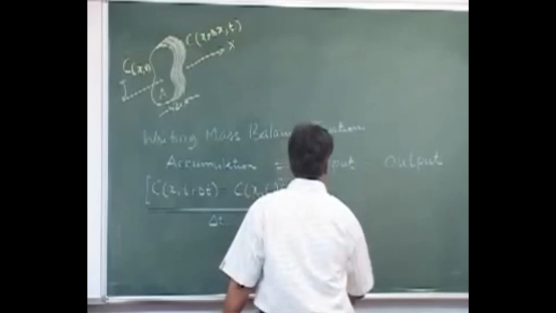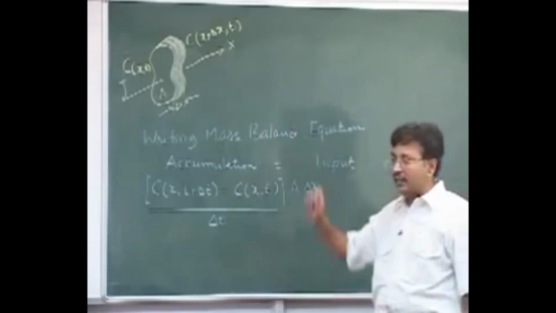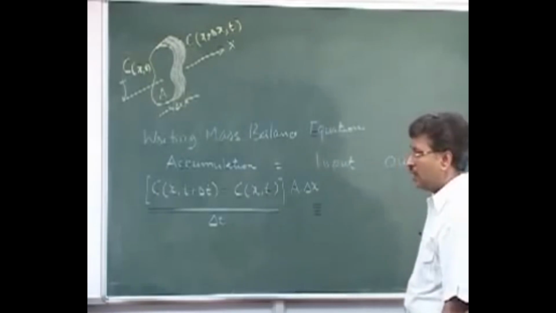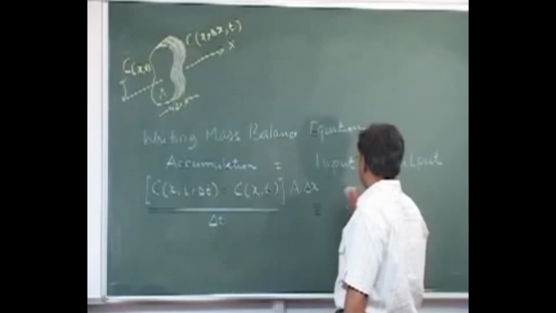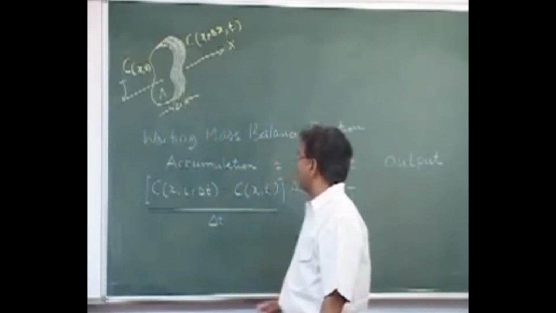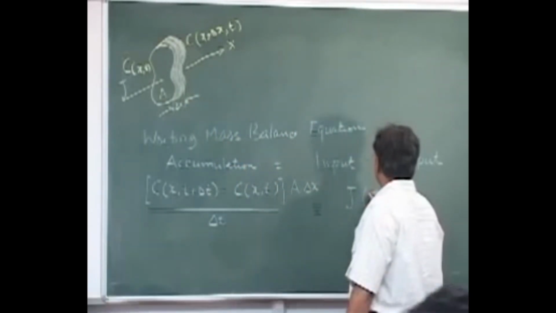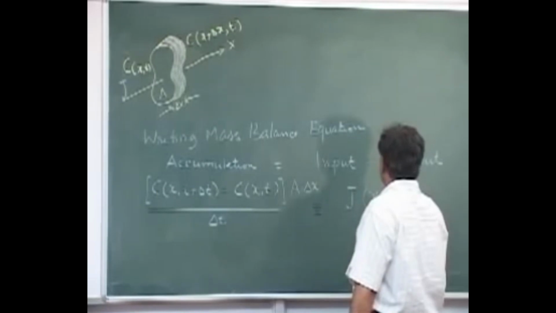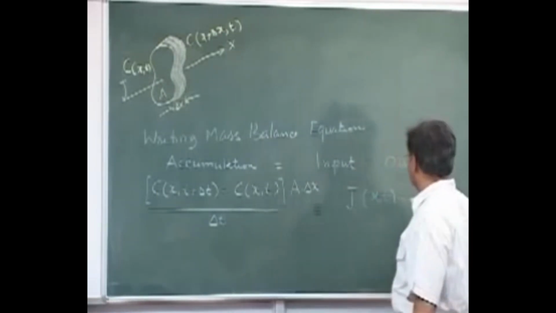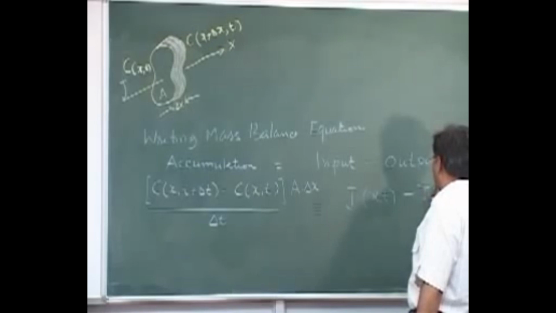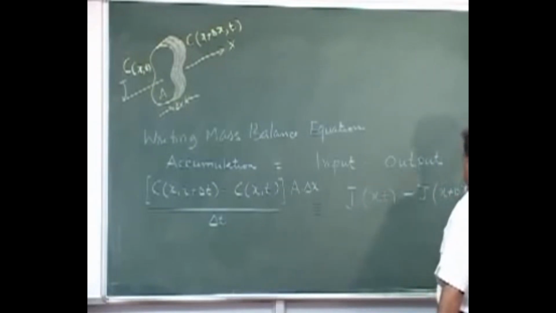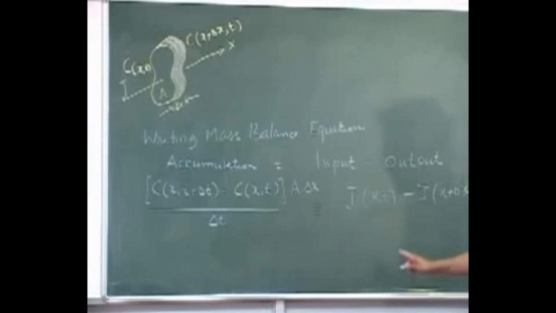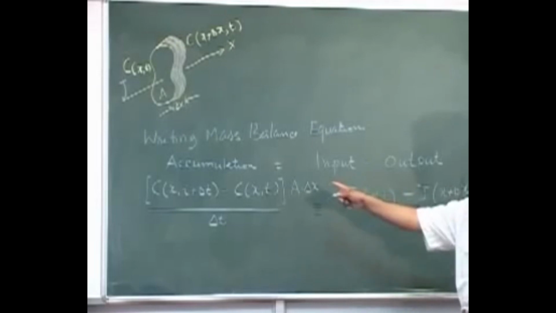This must be equal to, I can take advantage of J now. J at x, t, and minus J at x plus delta x. What do I multiply here to get the same units as this one?